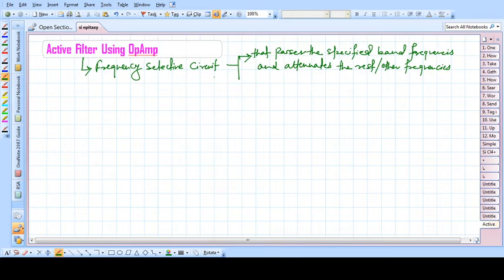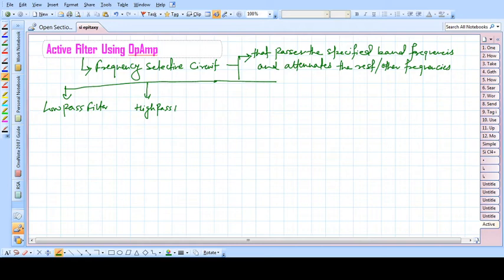This frequency selective circuit may be a low pass filter, maybe high pass, band pass filter, band stop, and all pass.